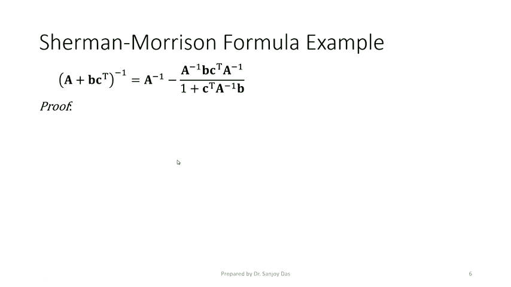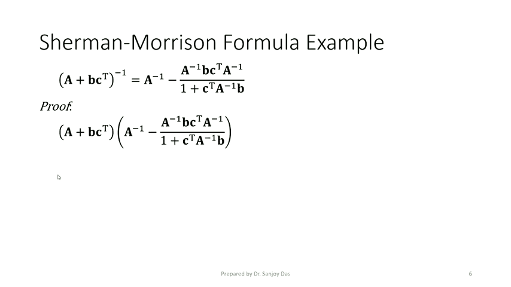The best way to prove it, since this is invertible, is to pre-multiply both sides with A plus BC transpose. What happens if I pre-multiply this side with A plus BC transpose? The product will be the identity matrix, correct? So on this side, I get this.